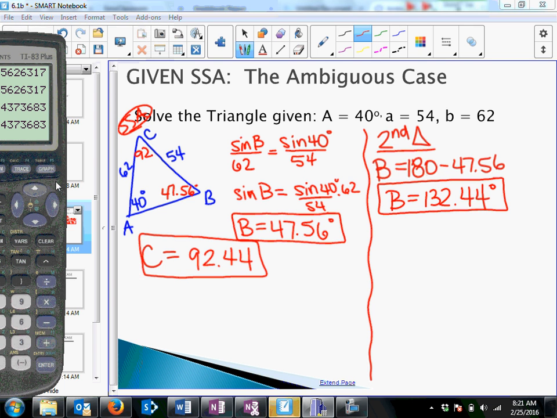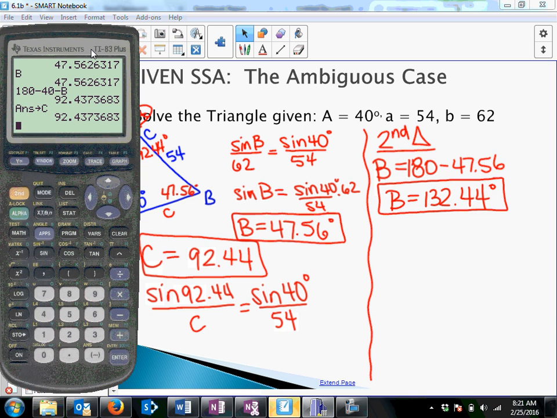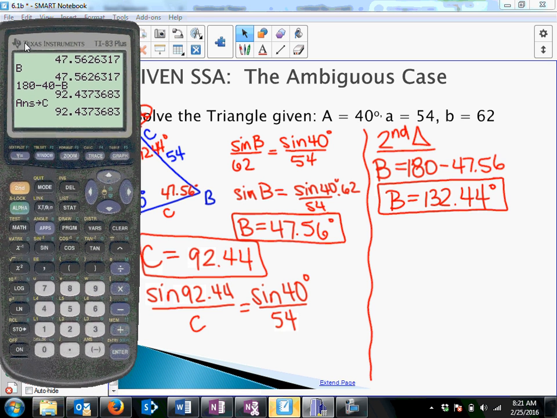we can find side C. So the sine of angle C over side C equals the sine of, what do I want you to set this equal to? 40. Sine of 40 over 54. Okay. So now you can do your cross multiplication.